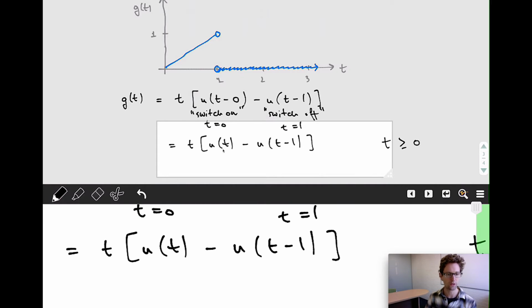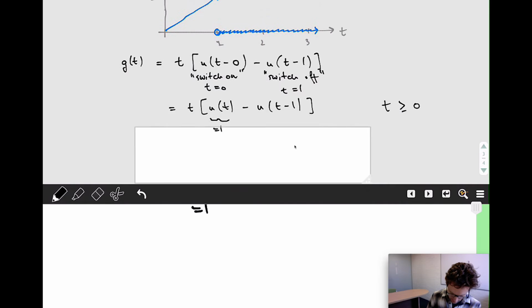T is always positive, so u of a positive number is always equal to 1. What about this bit here? Well, this will only take a value of 1 when its argument is positive, when t minus 1 is a positive number. And that'll only happen when t is bigger than 1.